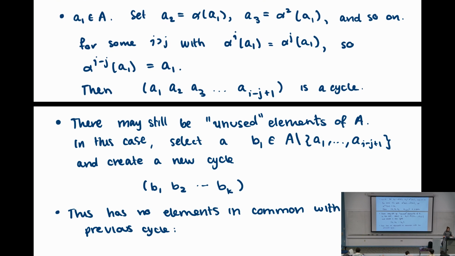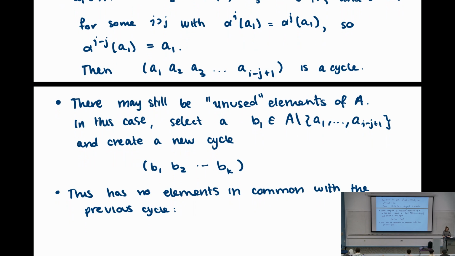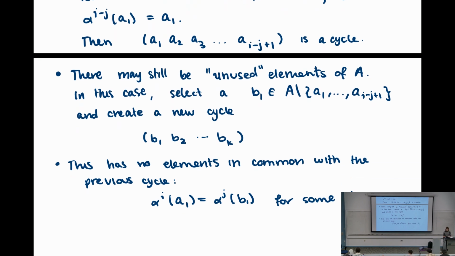And we see this as follows. For contradiction, let's suppose that alpha to the i of A1 is equal to alpha to the j of B1 for some i and j. This is a new i, so maybe I should use different variables. Let's just call this s and t, for some s and t. But then alpha to the s minus t of A1 is equal to B1.